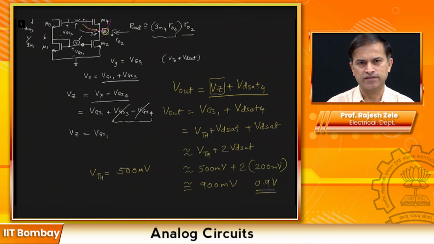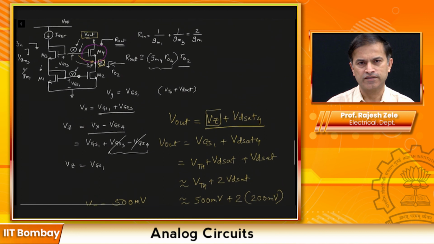So you can tell the output voltage of the cascoded current mirror, you cannot really take it down that low. You have to leave at least 0.9 volts of headroom across these two transistors to keep everything in saturation.